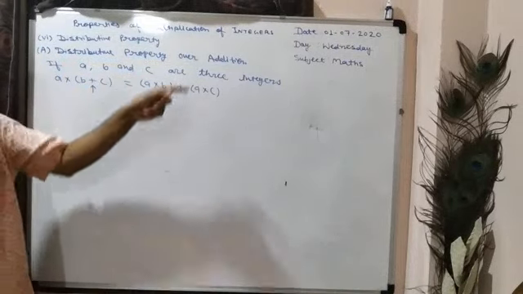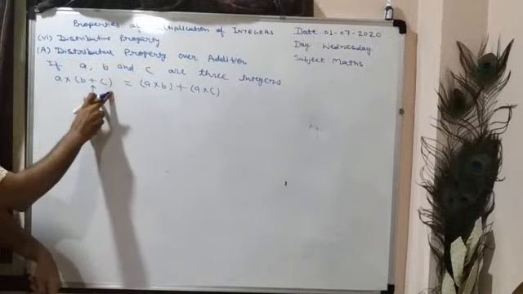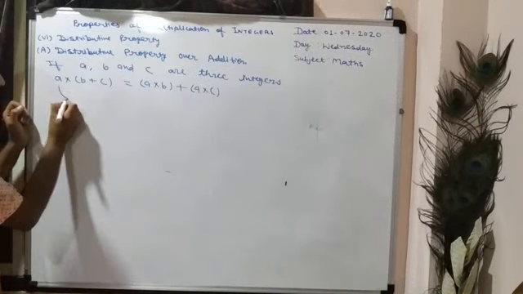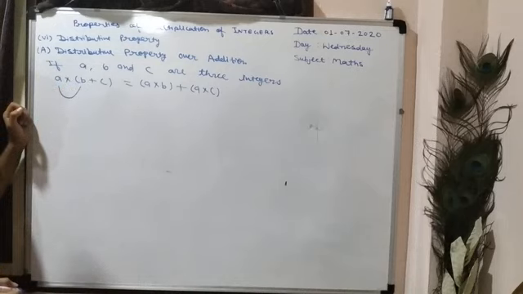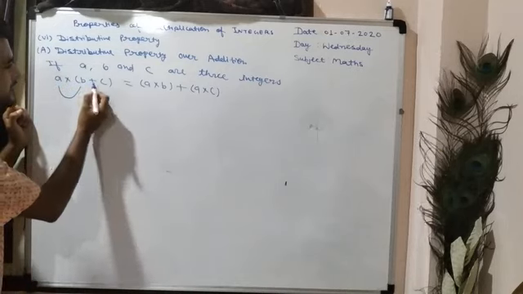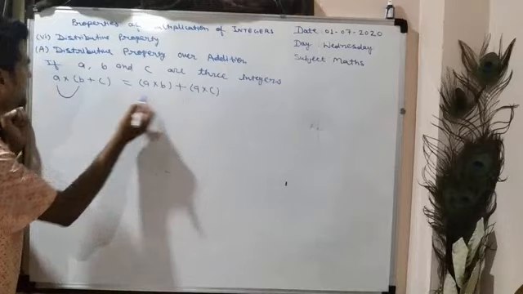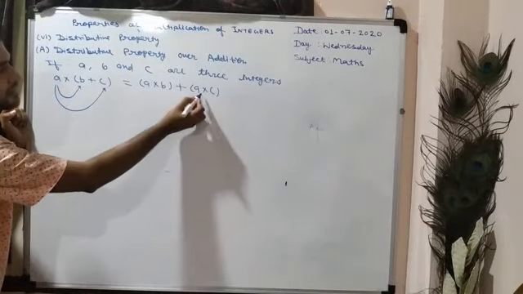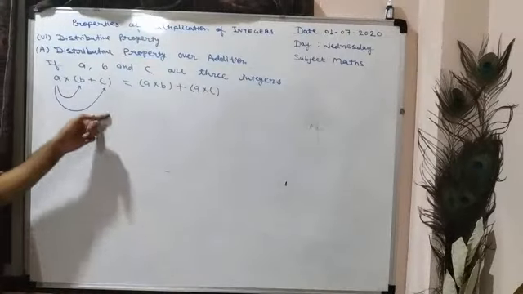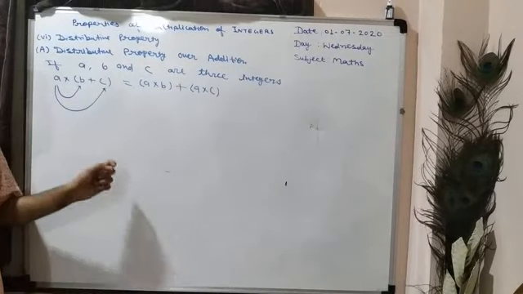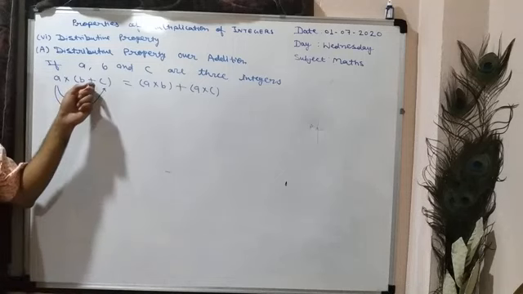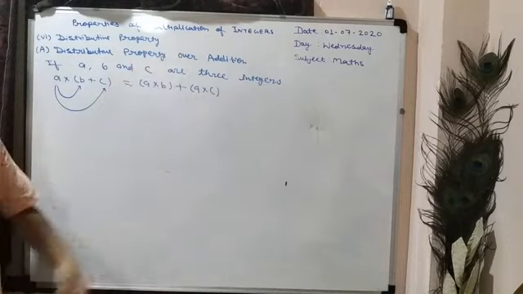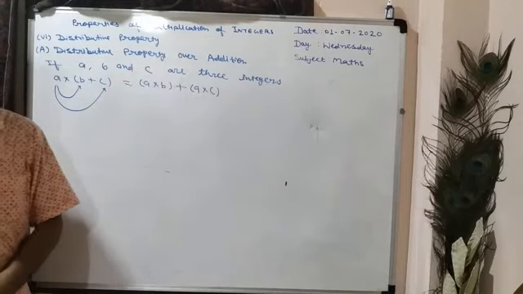So distributive property over addition, A into B plus C. It will be equal to, first we will multiply these two, A and B, then we have addition, that's why we are writing this addition, and then we will multiply A and C. This property is known as distributive property because we have plus sign, addition sign, that's why it is called distributive property over addition.